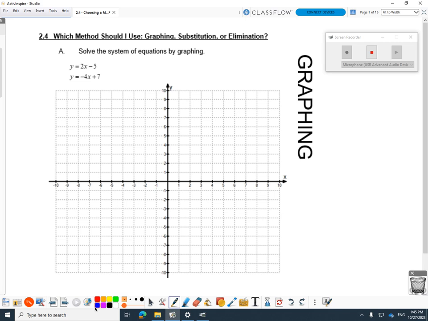How does this work again? y equals 2x minus 5. What's this one, the negative 5? What does that tell you to do? It's the y-intercept. You can put that right on the y-axis. There you go. Then this one.